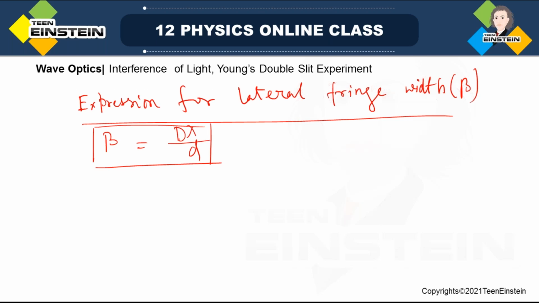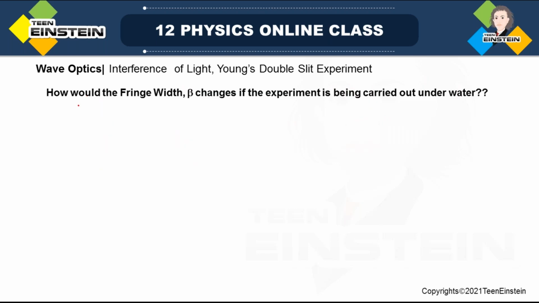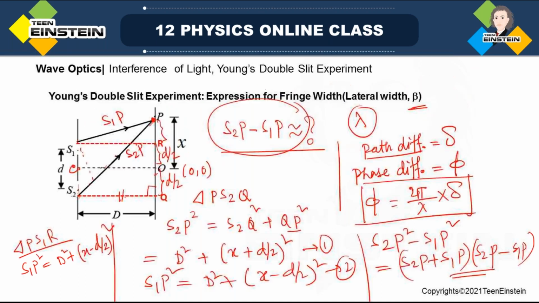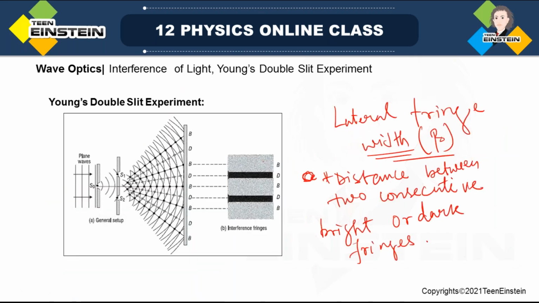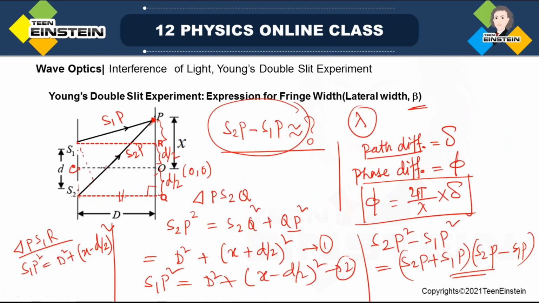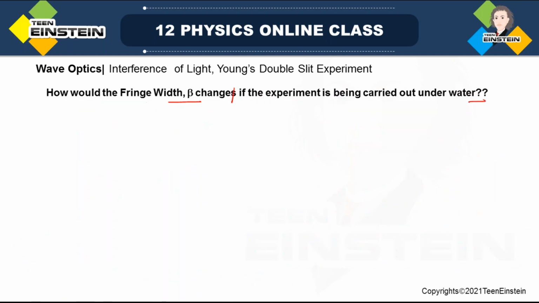Okay, before I go there, let me handle another problem related to this. See, how would the fringe width beta change if the experiment is being carried out under the water? That means the same Young's double slit experiment is being carried out inside water, without changing any geometrical construction of the experiment.